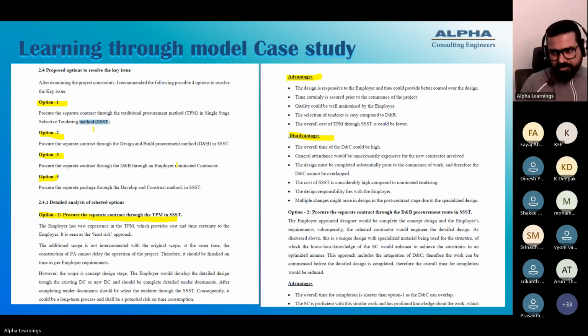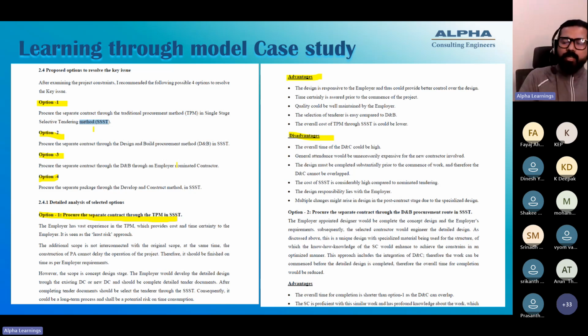For the first case study, you have to write on managing people, managing resources, and leadership. Here you will take out 2 or 3 key issues related to leadership, managing people, and managing resources, and you need not do option analysis, right? Unlike this APC case study, you just need to write what the key issue is and how you have resolved it.